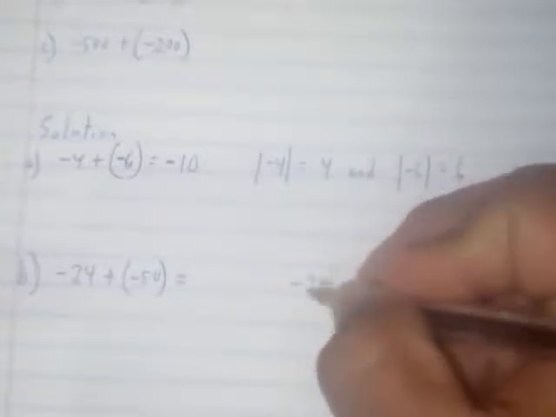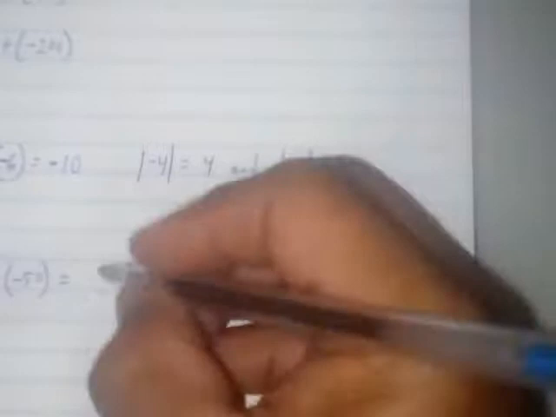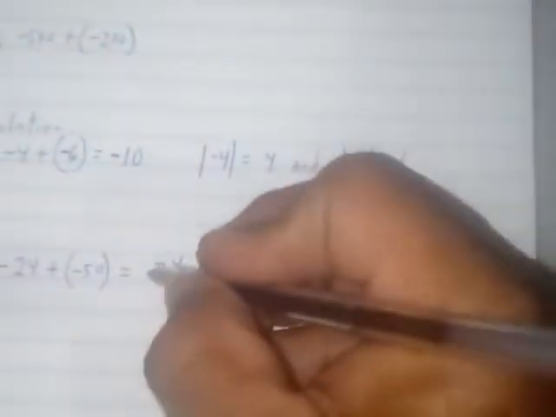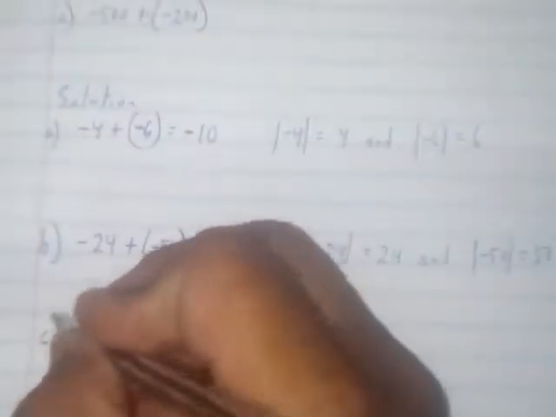The absolute value of negative 24 is 24, and the absolute value of negative 50 is 50. Add their absolute values, 24 plus 50, which gives us 74, and then make their final answer negative. Very simple.